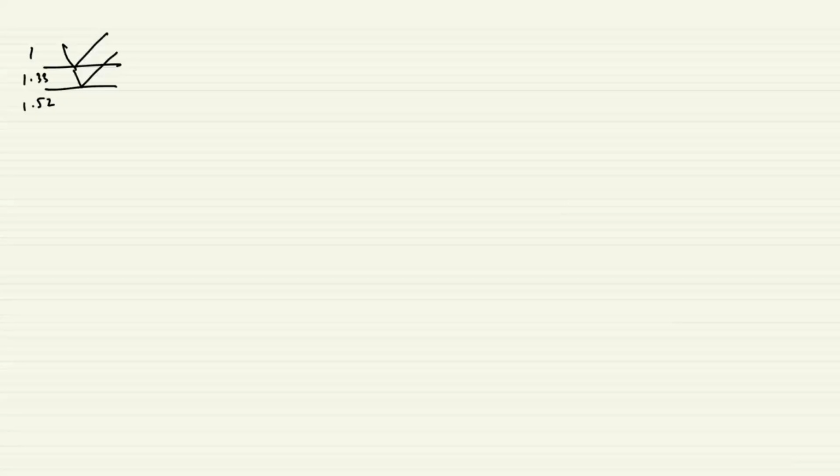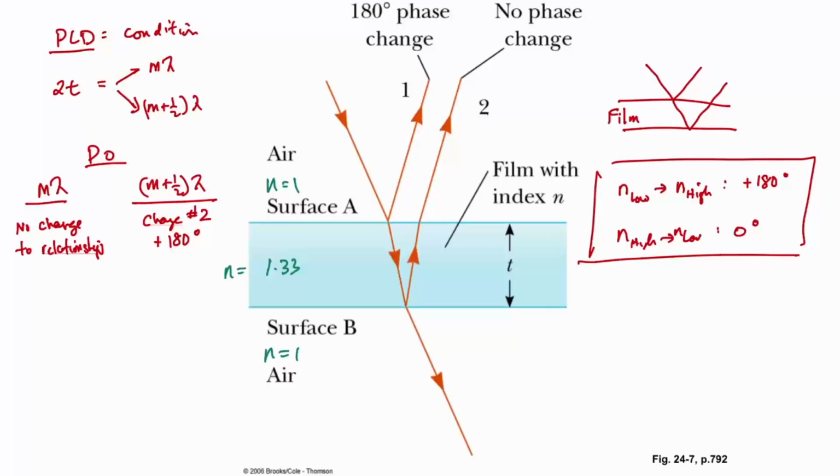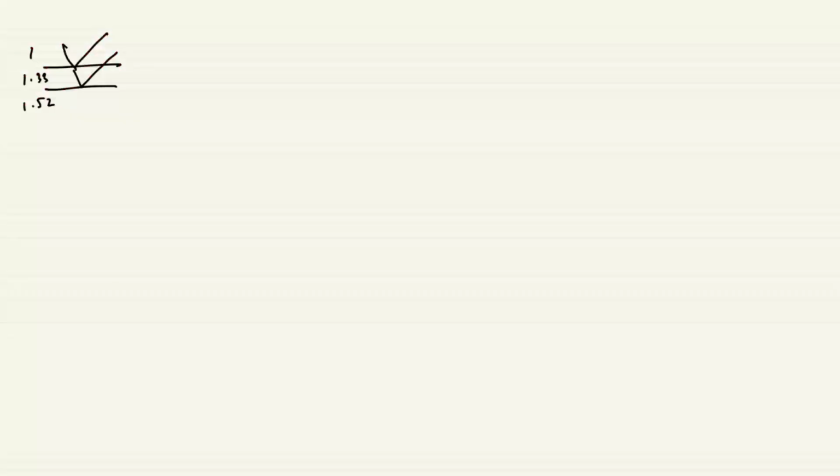So, first step, first bounce. What's the phase change, if any? Top bounce, we're going from 1 to 1.33. What kind of change is that? That's a low to high. We're going from 1 to 1.33. So what is that? Plus 180. So what you want to do is just write 180 on that first wave.